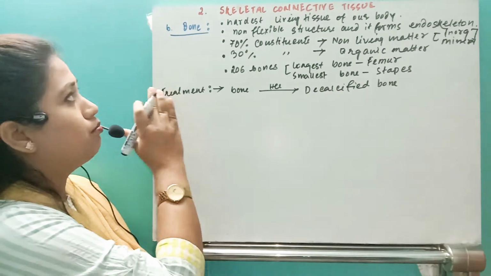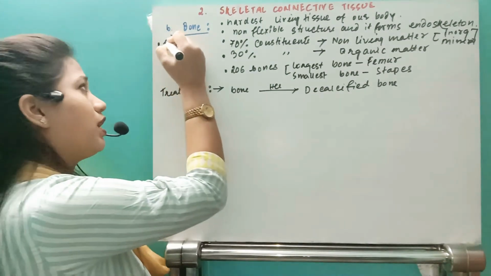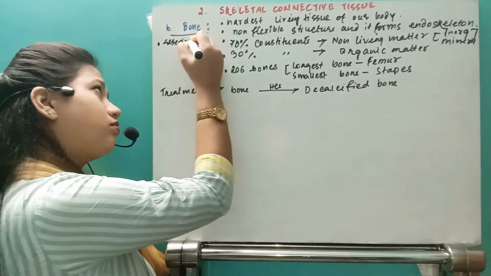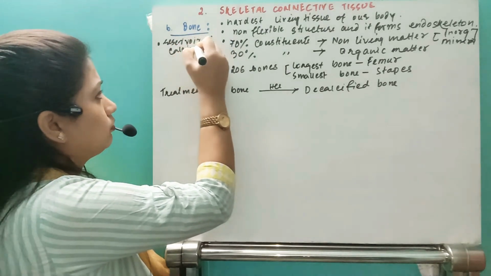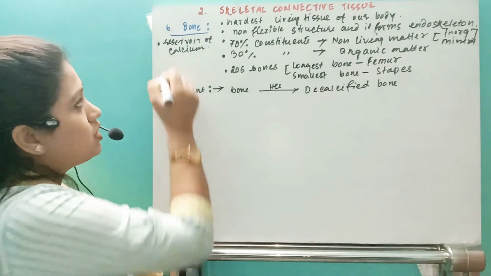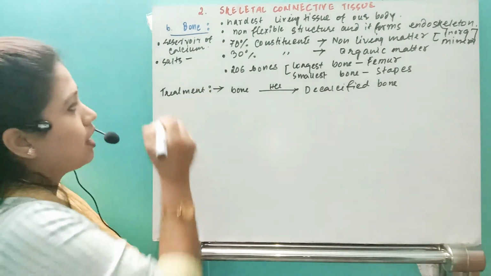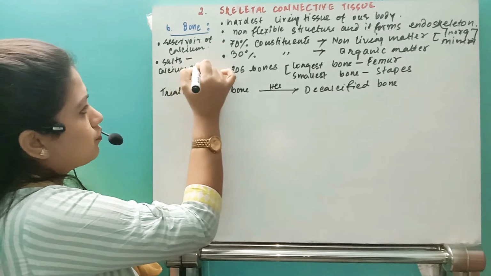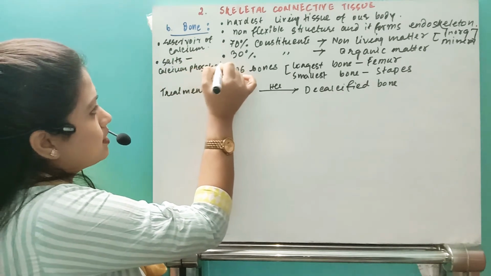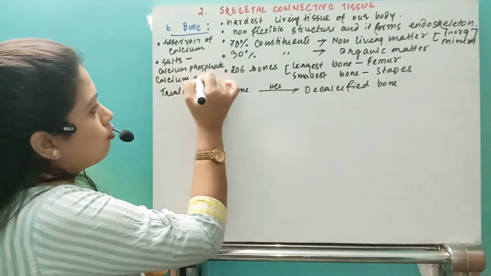We should know that bone is the reservoir of calcium, and chiefly two types of salts are present. One is calcium phosphate and the second one is calcium carbonate.